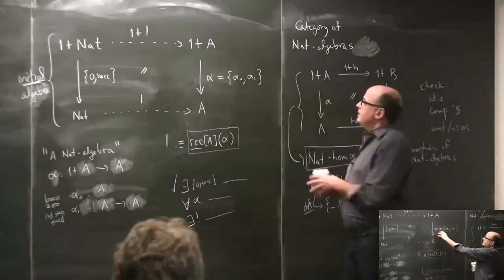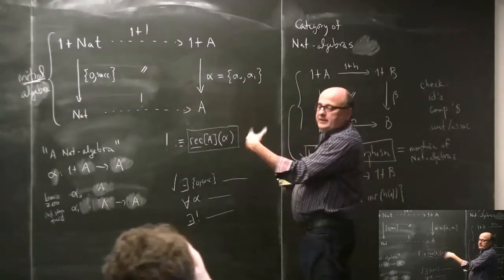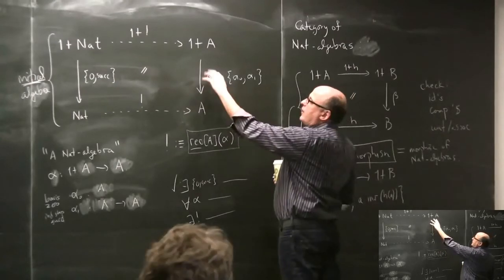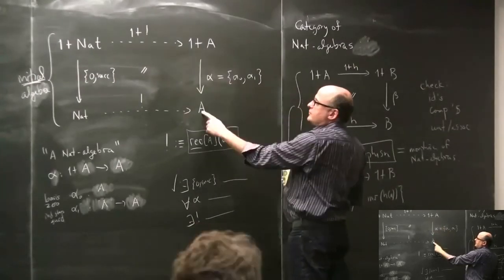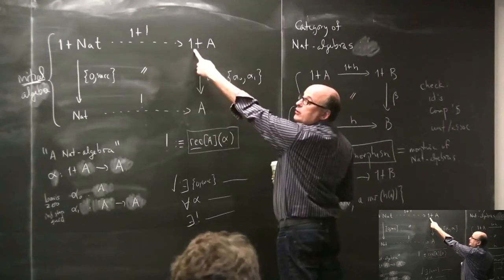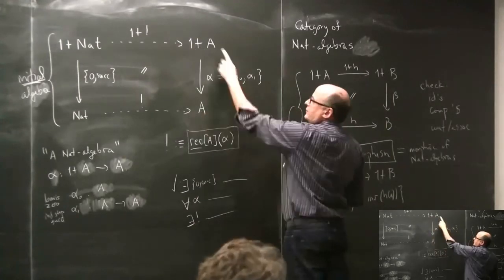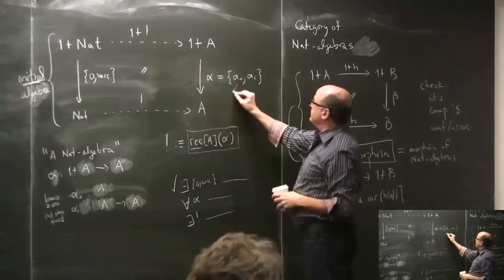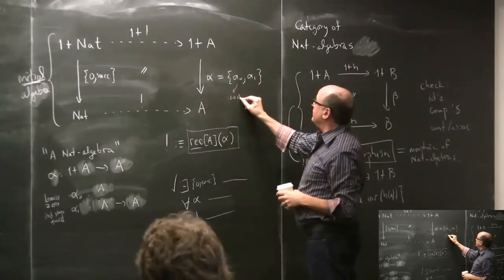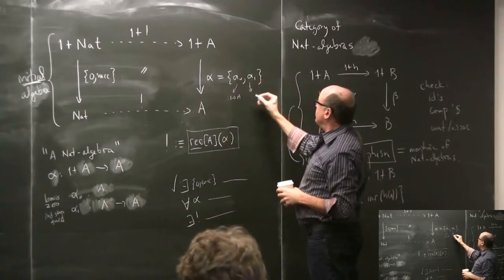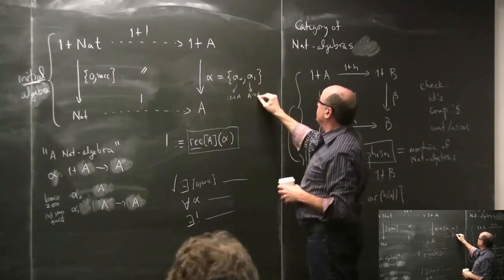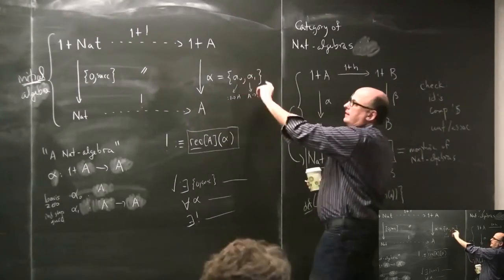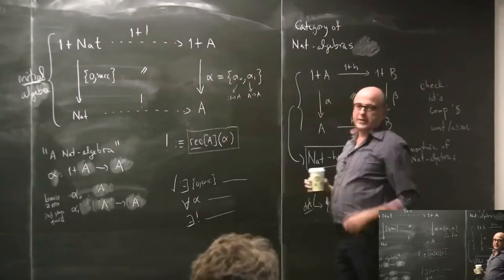Up to some eta expansion, this alpha can be thought of as a case analysis that gives you the answer on the basis of no data, and then gives you the answer on the basis of a previous answer. So to get this correct, this would be type 1 arrow A, and this would be type A arrow A. And then we're doing a case analysis to get this map.